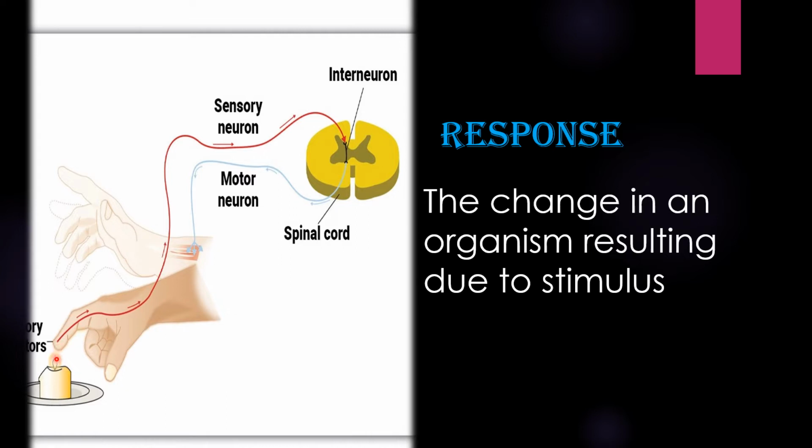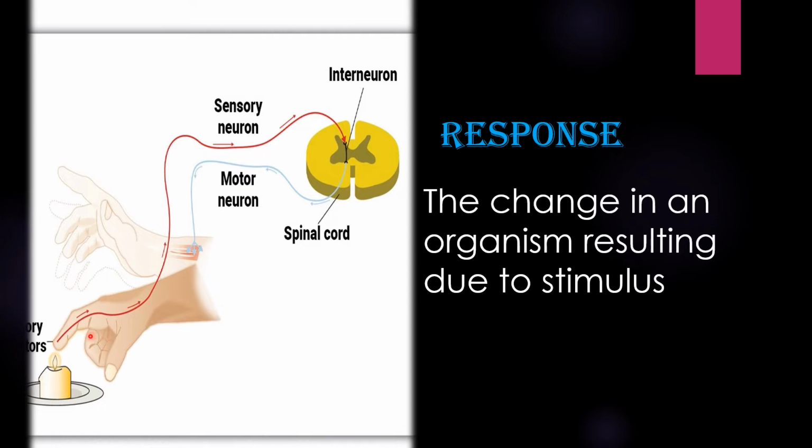If we touch the stimulus, heat is the stimulus, then the receptors will receive the stimulus, and it will enter into the neuron or nerve cell in the form of impulse. Then that will reach the spinal cord or brain. From that, through the nerve cell, it will reach the effectors.